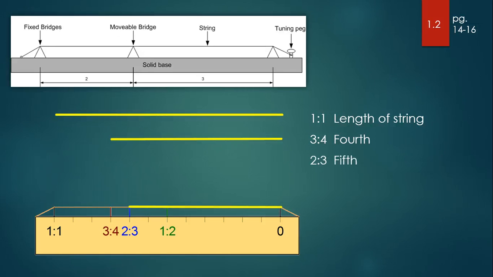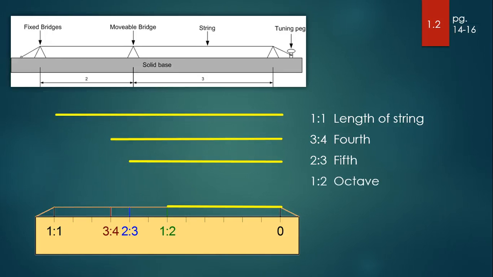If we shorten the string so that we think of dividing the whole string into 3 equal units, and then we look at a shortened string that takes up 2 of those 3 equal units, that note will be 1/5 higher than the original note of the original length string.